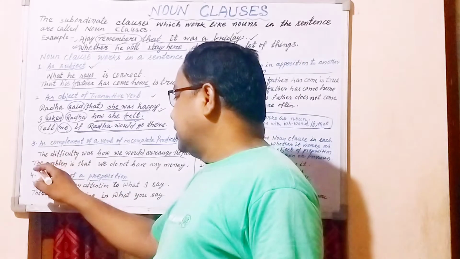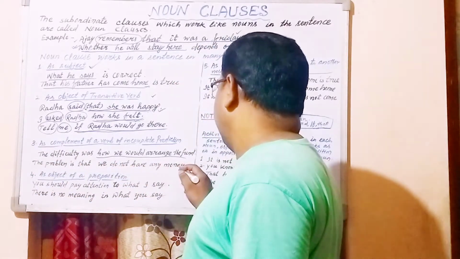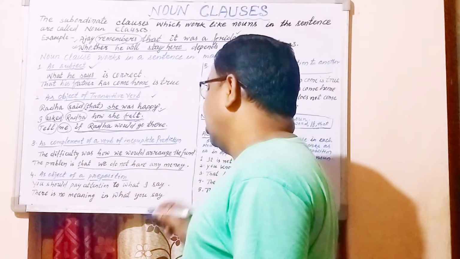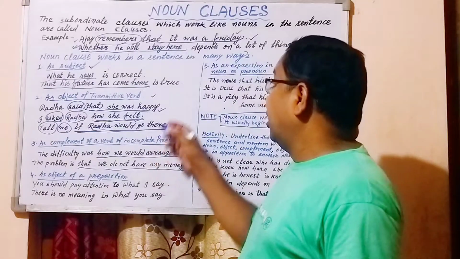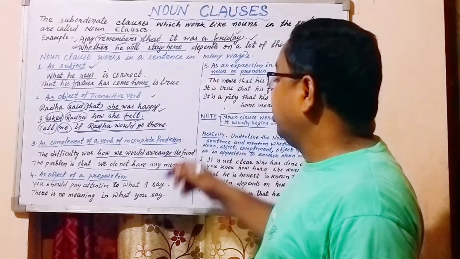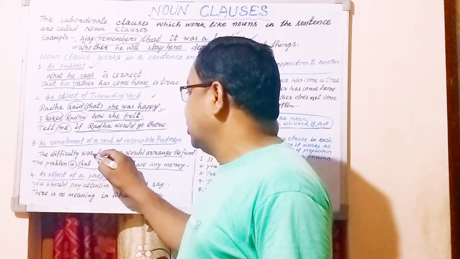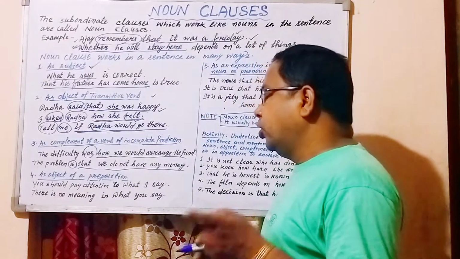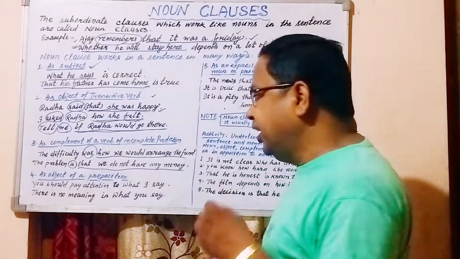It is the noun clause here because it is a subordinate clause. In the next, the problem is that we do not have any money. That we do not have any money is the subordinate clause, and here it acts as a noun clause. But you see these two verbs, is and was, are incomplete, because if we put a full stop after the difficulty was, it will be meaningless.